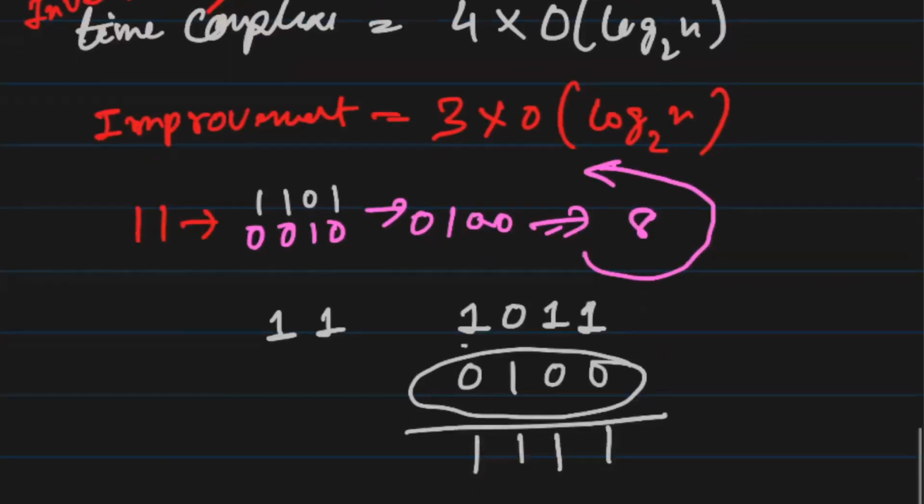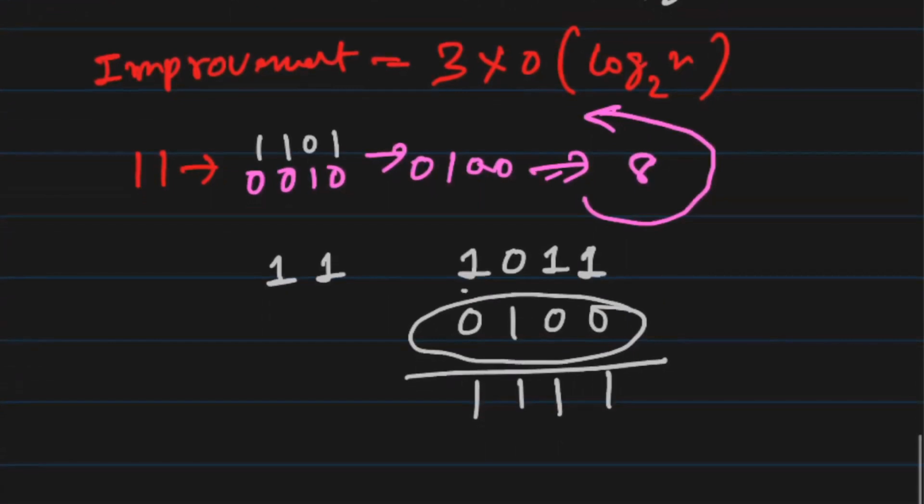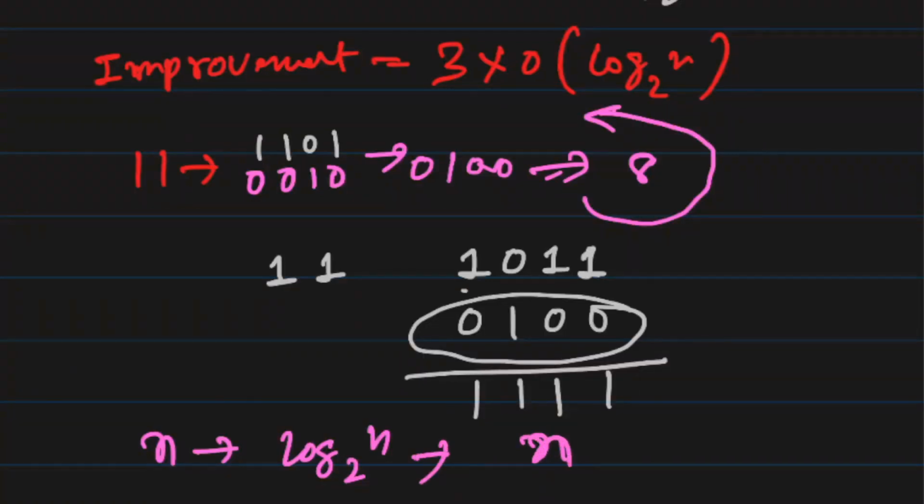So what does it mean? Let's say there is a number n. Here we are going to have log n bits. So whatever n we get, we have to XOR this number with 1, 1, 1. How many ones?